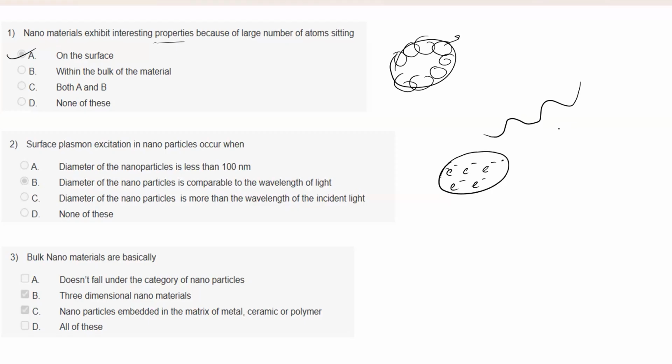This collective oscillation of the free electrons is called plasmon excitation, and it usually happens when the wavelength of the light and the particle size are comparable.